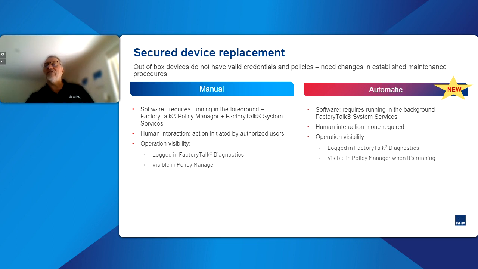So what's the problem? Let me use another analogy. Is anyone familiar with our automatic device configuration capability of our drives and E300s and stuff like that? If you have a drive and the magic smoke comes out, you've got to replace the device.